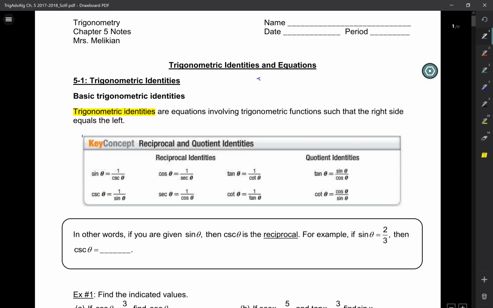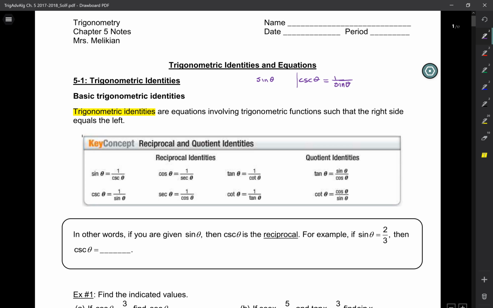And then we learned about sine of theta, and then we learned about cosecant of theta, right? And how were those two related to each other? It's the reciprocal, right? We said that cosecant of theta is 1 over sine of theta. Do you guys remember?